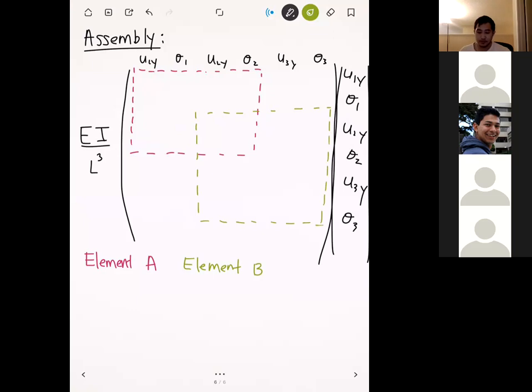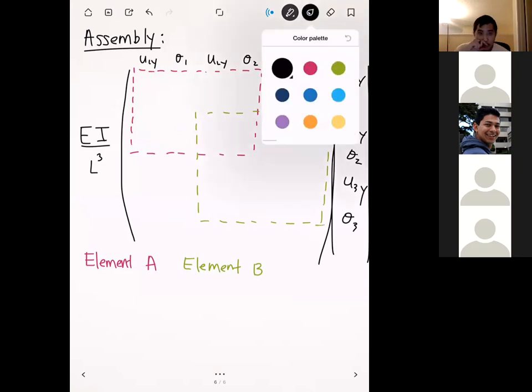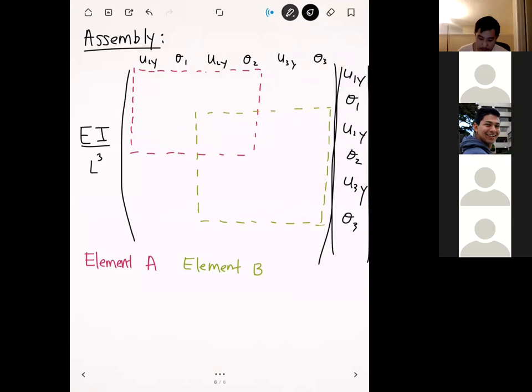And so we have an overlap here on node number 2. For element B, does it start at U2Y? Yeah, it starts at U2Y because element B works on node number 2, so you're going to have U2Y and theta 2 for that one.